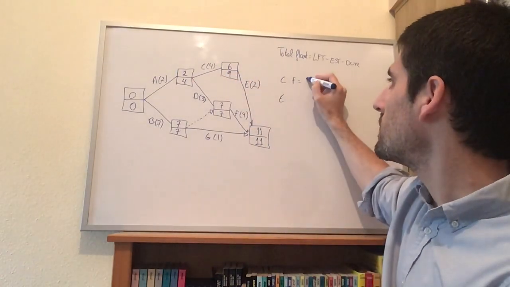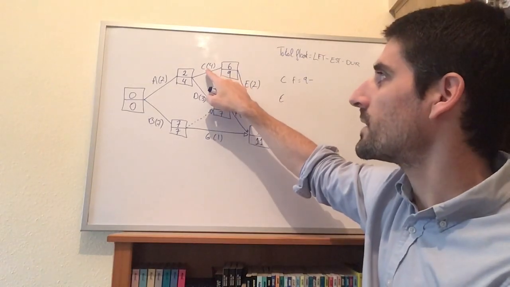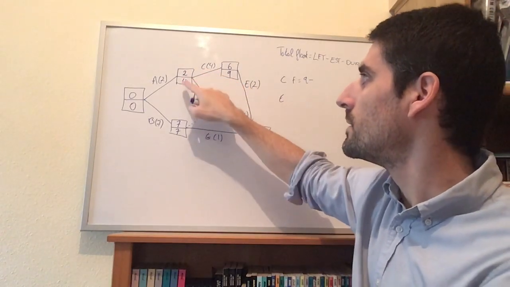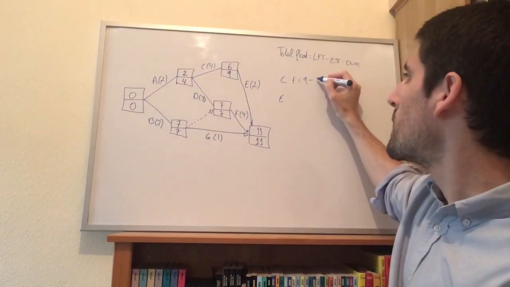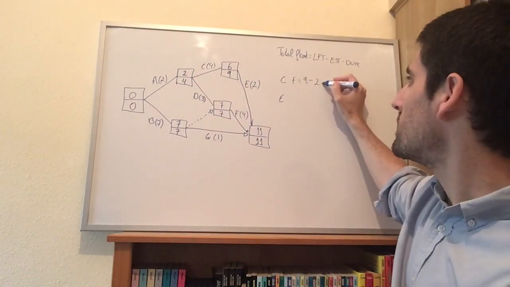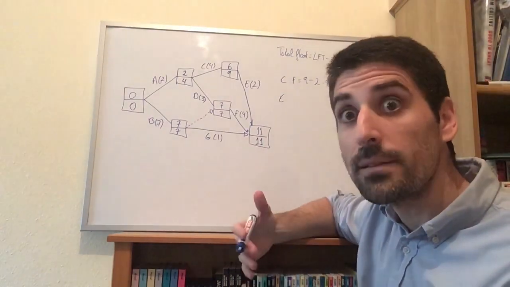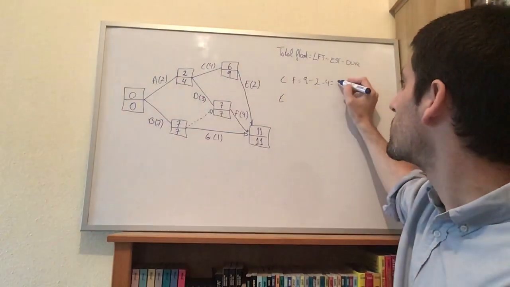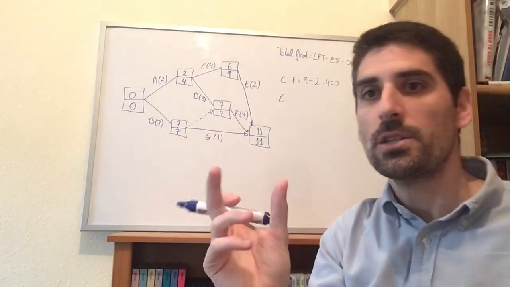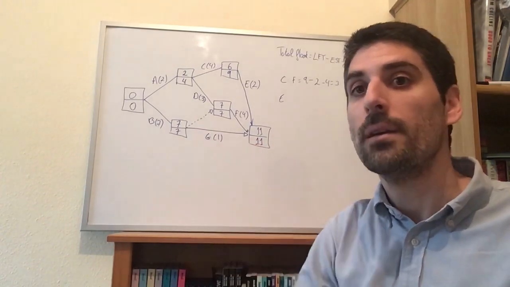So it would be 9 minus the earliest we could start activity C, which is 2, and the duration of activity C is 4. So 9 minus 2 is 7, minus 4 is 3. So activity C has got a float of 3 hours. We could shift it around 3 hours.